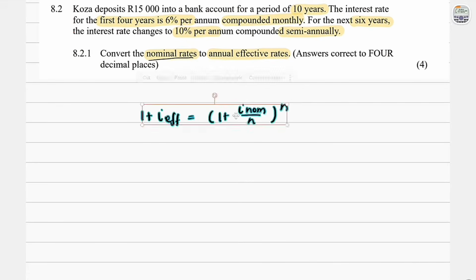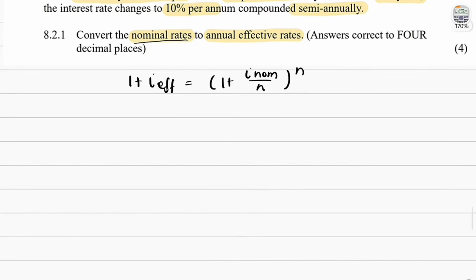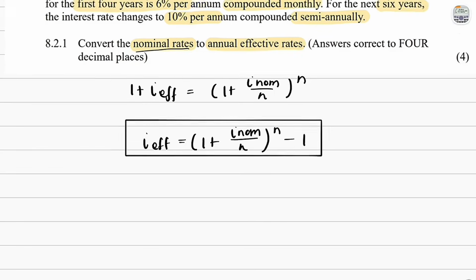So for both interests quoted, with different compoundings, we're going to use this formula. But from this formula, to find the effective interest rate, and they specifically said they wanted it as a rate, we're going to simply take 1 plus i nominal over n, to the power of n, minus 1. And so this is what we're going to use.